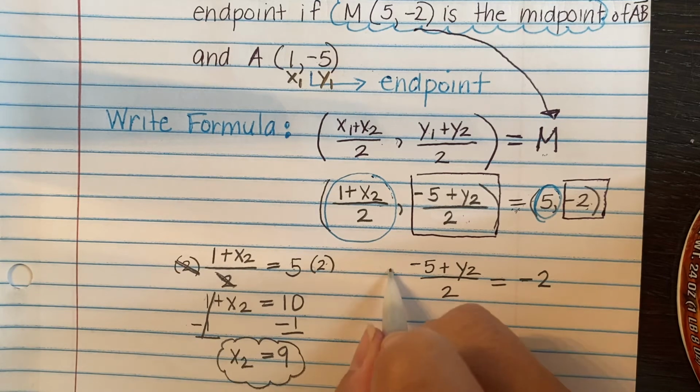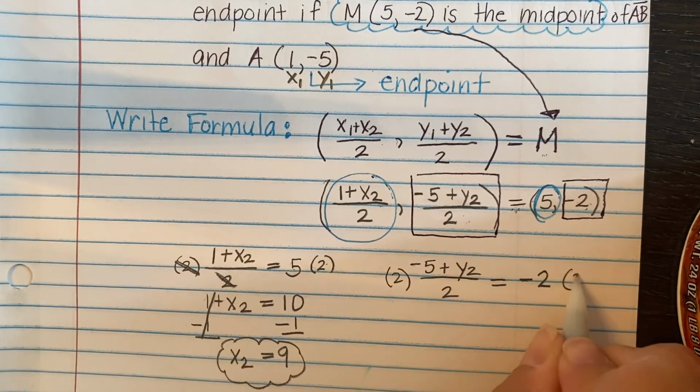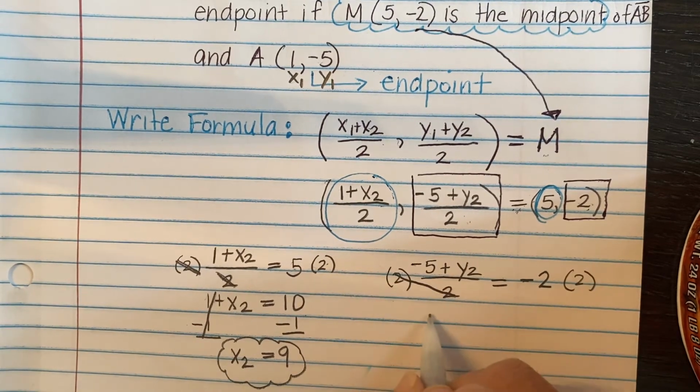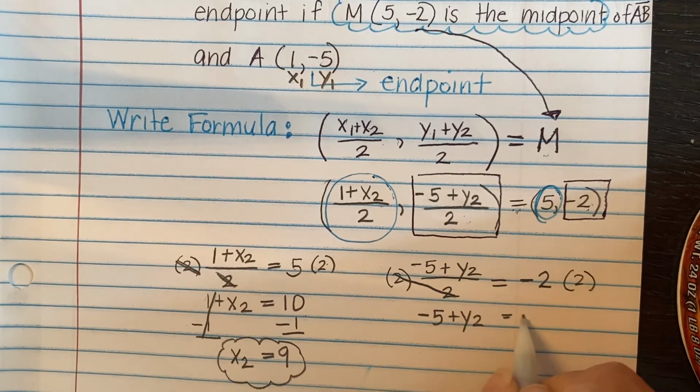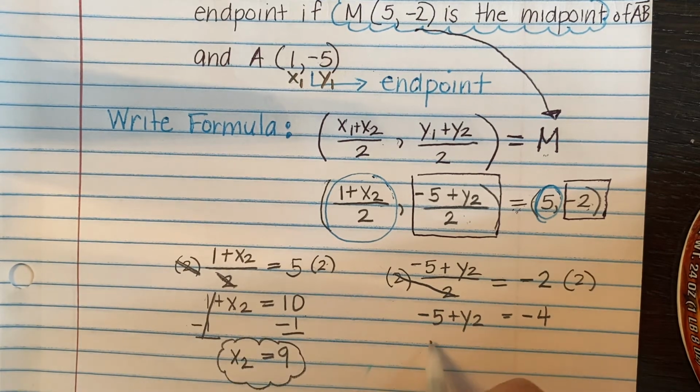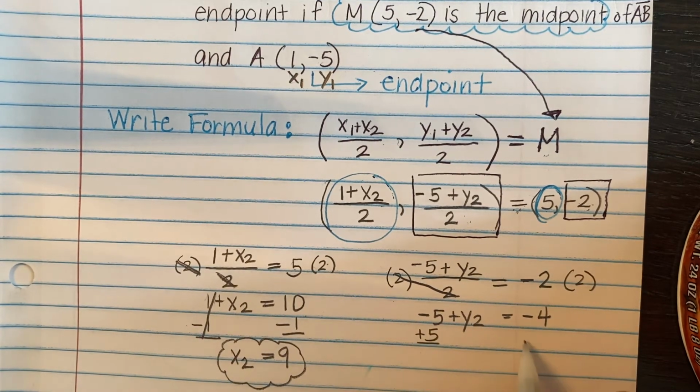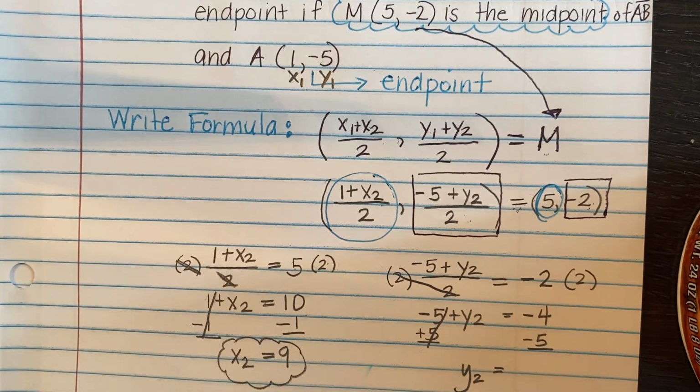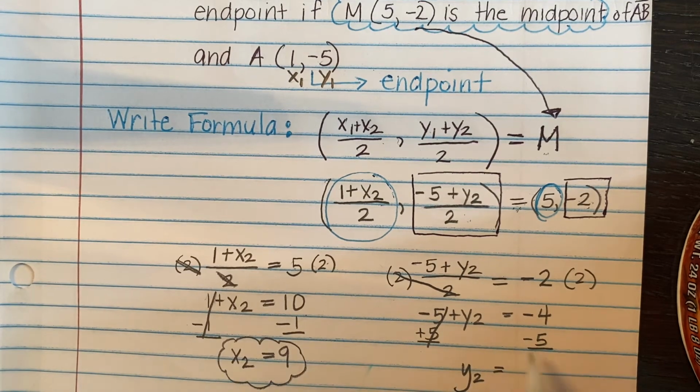Don't like my fractions, multiply by 2 on both sides. They cancel. -5 plus y2 equals -4. Solve for our variable, and we have to add 5. So y2 is equal to, actually, that should be a plus, sorry about that, 1.